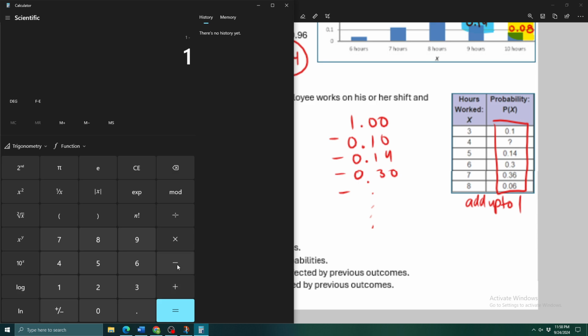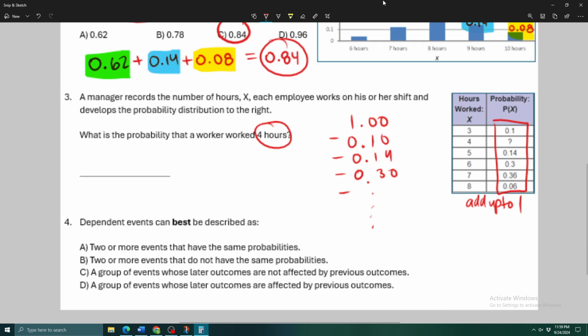So 1 minus 0.1 minus 0.14 minus 0.3 minus 0.36 minus 0.06 equals 0.4.